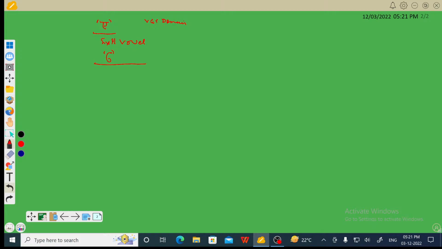So, starting with this letter A, we have reached number value 6. Now we know 6 is a Surya Ank. It is a number of the sun. It is a sun number.